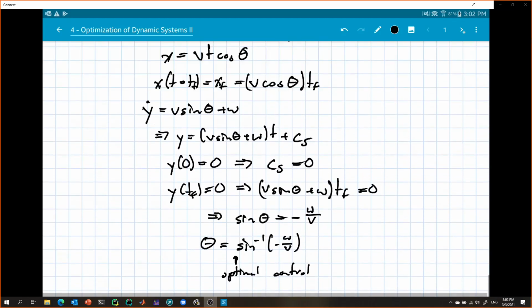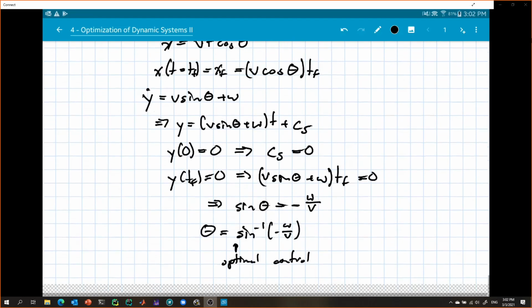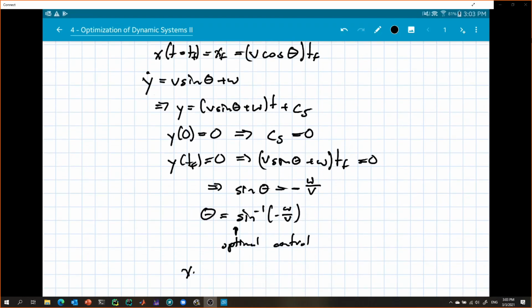Oh, it's this X one, right? So we have XF is equal to V cosine of sine negative W over V, that is equal to TF.